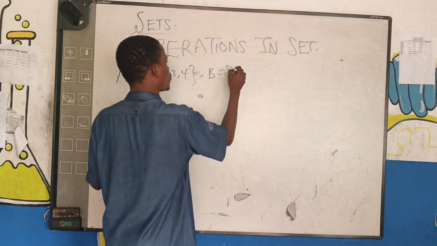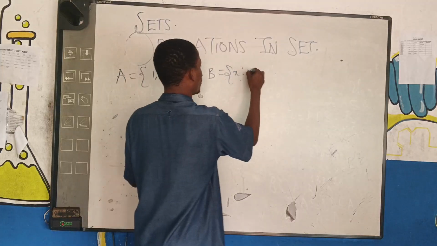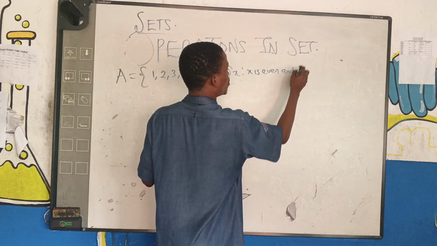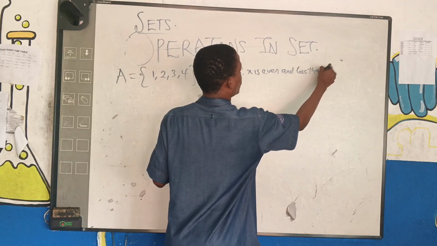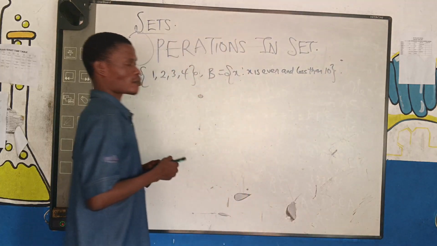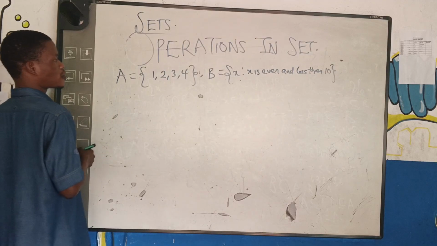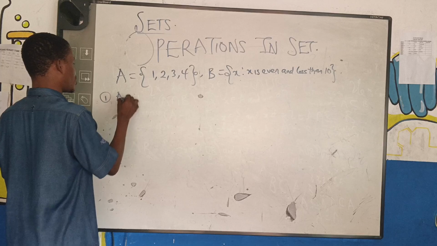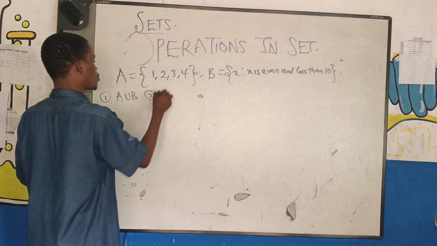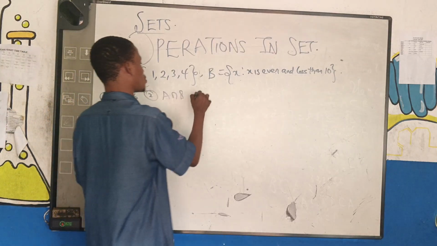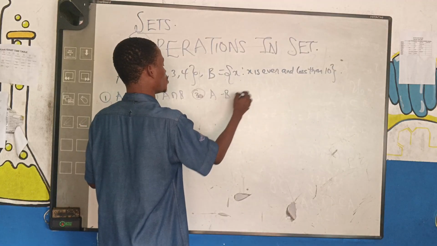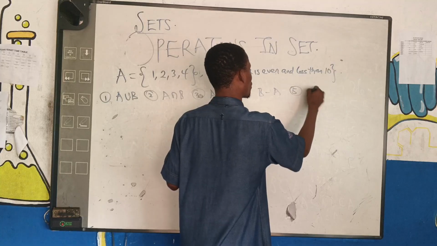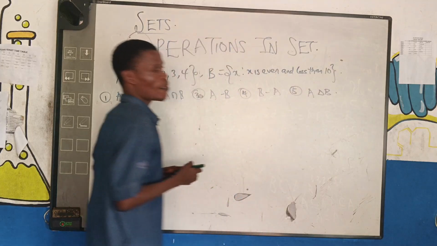B is the set of all S such that S is even and less than 10. And then we want to find: 1, A union B; 2, A intersection B; 3, A minus B; 4, B minus A; 5, A symmetric difference B.